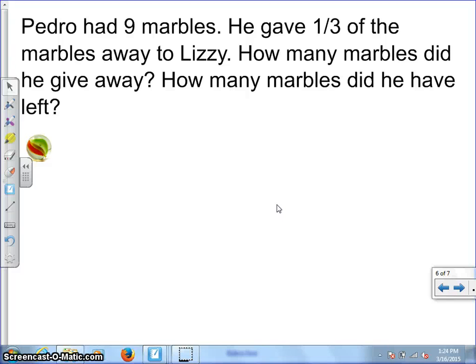We know that the denominator tells us how many parts we are going to have, right? Well, when we're talking about a fractional set of something like these marbles, that denominator represents parts, or the equal groups that these marbles in this case are going to be broken into. So there should be 3 equal groups.